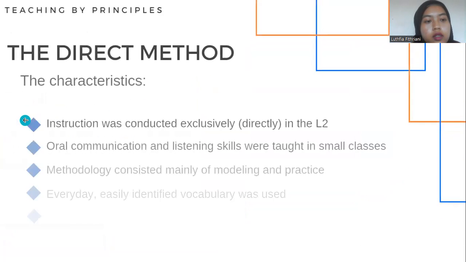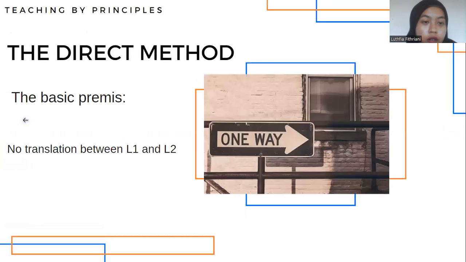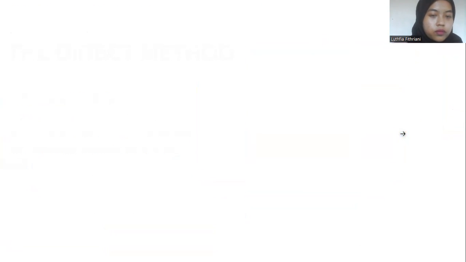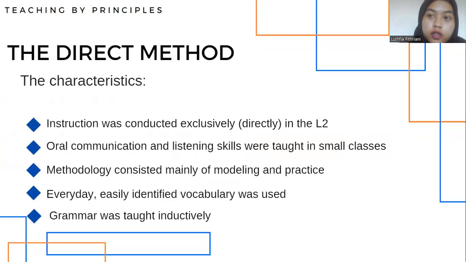The third method in the early years is the direct method. So the direct method was founded by Maximilian Ehrlich, and the basic premise of the direct method is no translation between L1 and L2. There are some characteristics of the direct method.